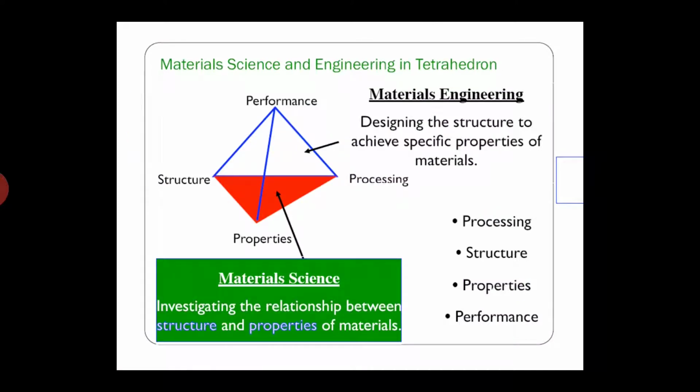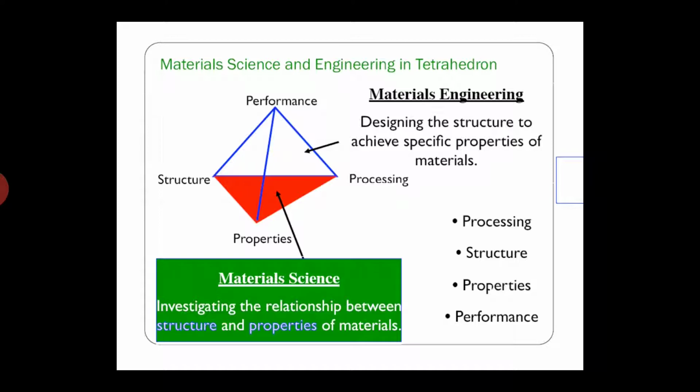Before going to the actual use of these metals or different materials, we will have to study certain steps behind these materials. The processing, structure, properties and performance are the four important things we will have to study. Suppose we are manufacturing a component from a metal or material.